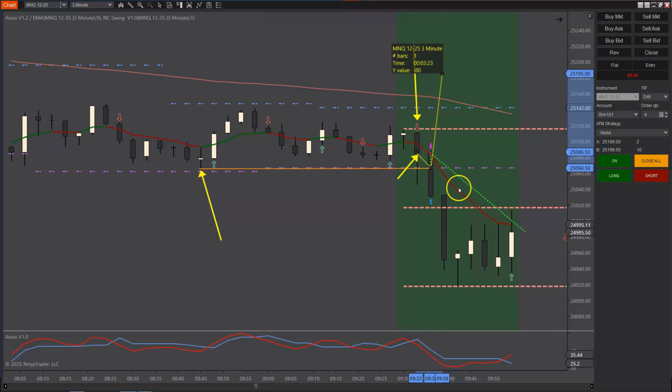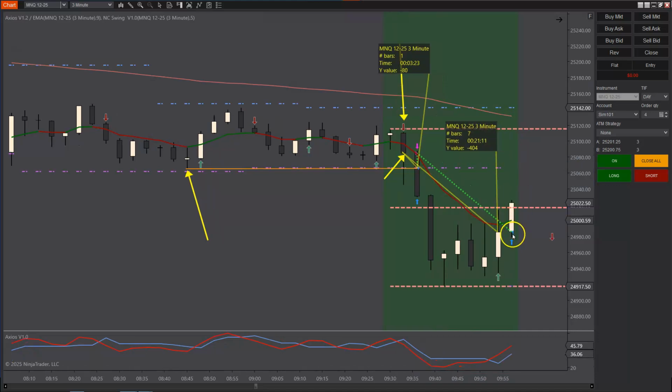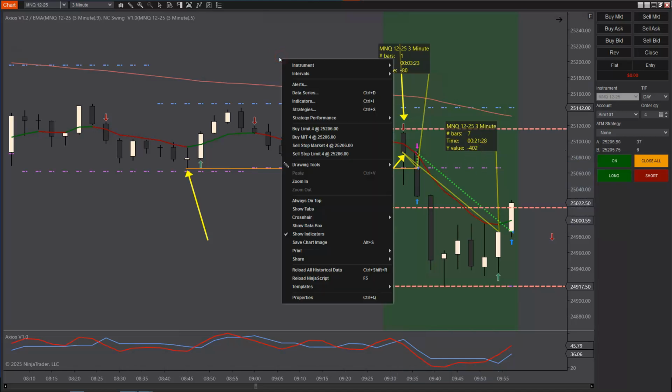And that will close at the close of this candle. When you look at it in backtest mode, it looks like it's the open of the next candle, whatever, same thing. So this trade would have been 400 or so plus 80. So 3 contracts with 80 ticks and 2 contracts with 402 ticks. And that's what it looks like here. I'll just show you.